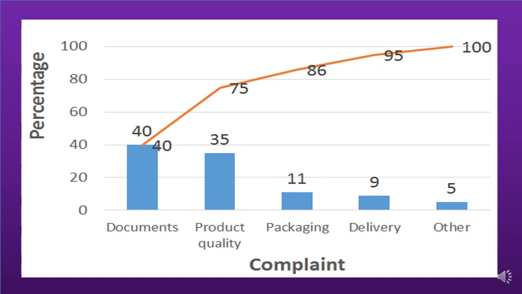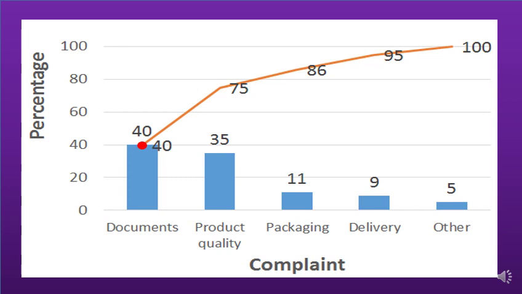So the way you would draw this and the interpretation, we'll start with the first one. Let's put a dot there. So it's in the center part of the documents bar at the top for neatness down the center. So you would interpret that as, in total, 40% of the complaints are due to the most common category, which is documents.